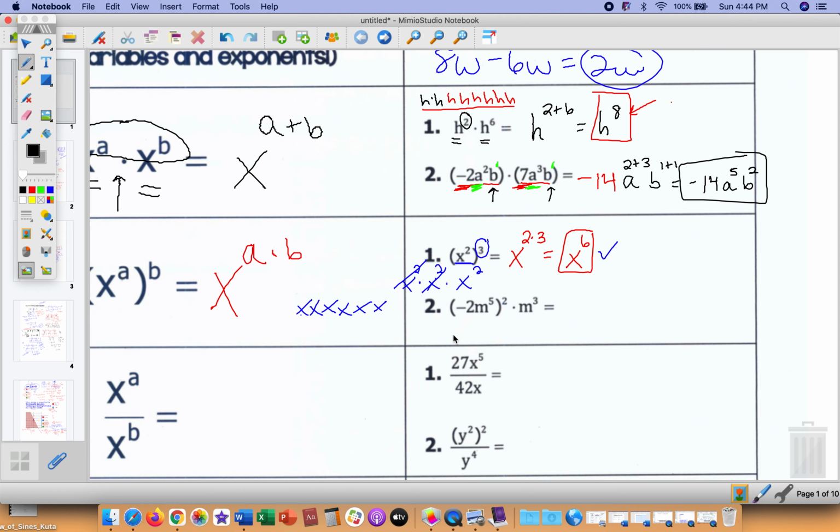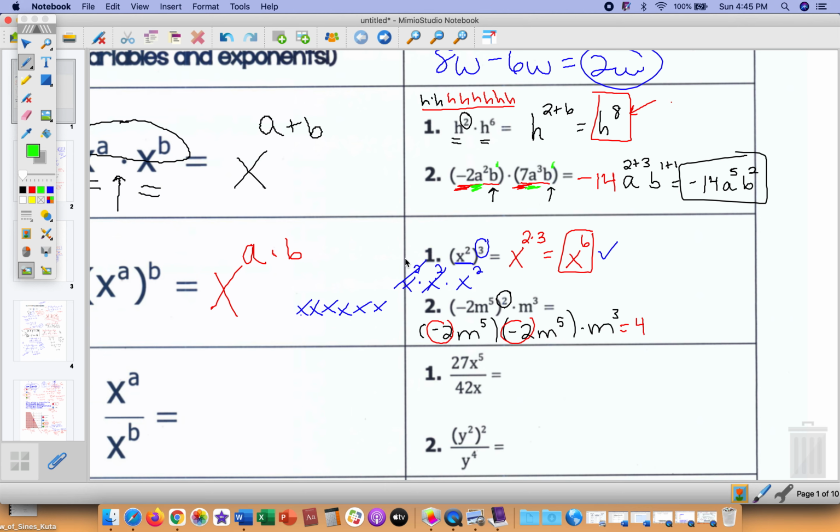So for this next one, I see a power 2. So that means I can write that parenthesis expression 2 times. Okay, so now we're going to multiply negative 2 times negative 2. We're not distributing. There's not plus or minus between terms. So we have 4.